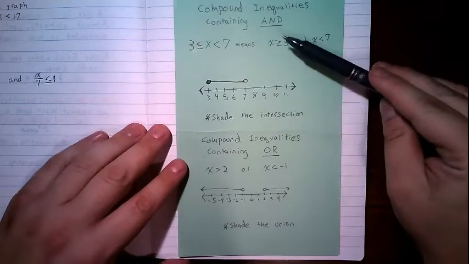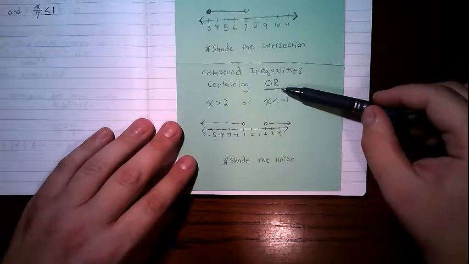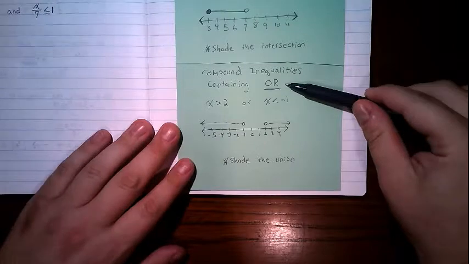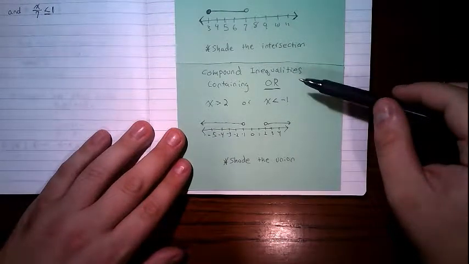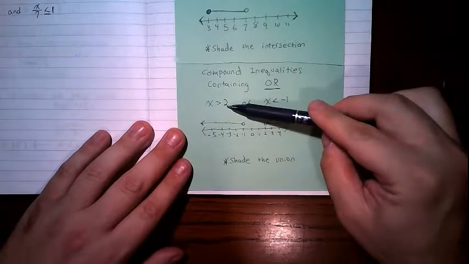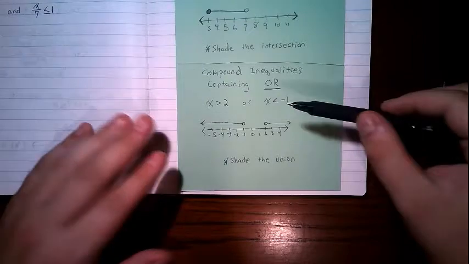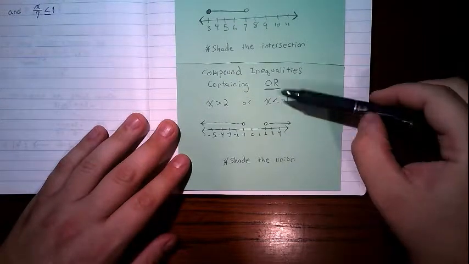So those are and inequalities. Now let's talk about the or inequalities. This is when there are two different opportunities for x to be a number. So if you're given a problem like x is greater than 2 or x is less than -1, to graph that, you would just graph each of those separately.